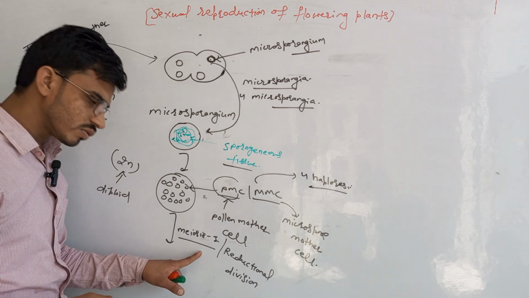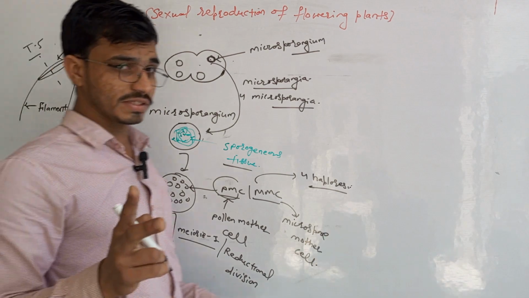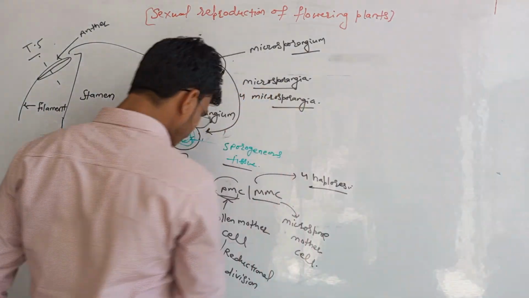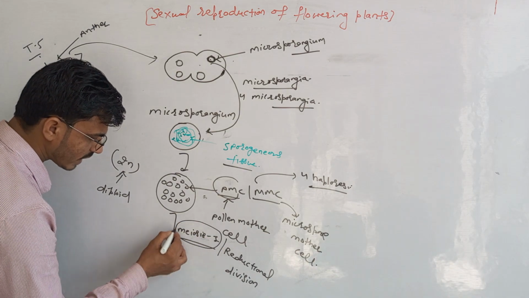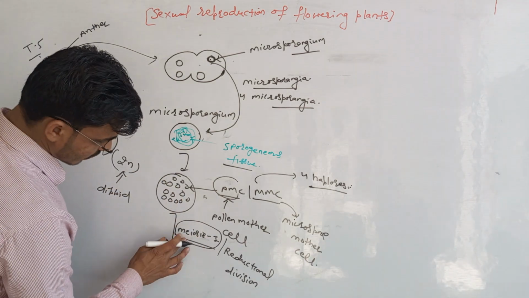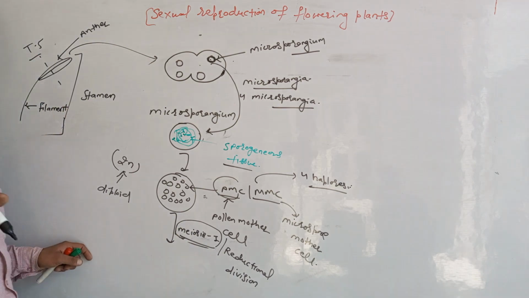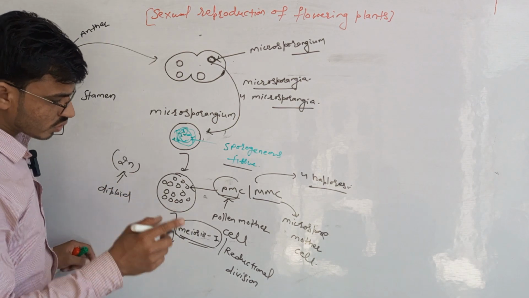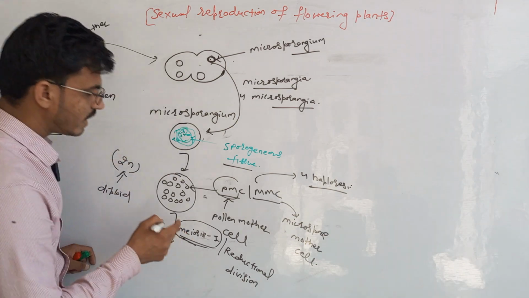There are two phases of the meiosis process, meiosis 1 and meiosis 2. Meiosis 1 is the reductional division, whereas meiosis 2 is the equational division.